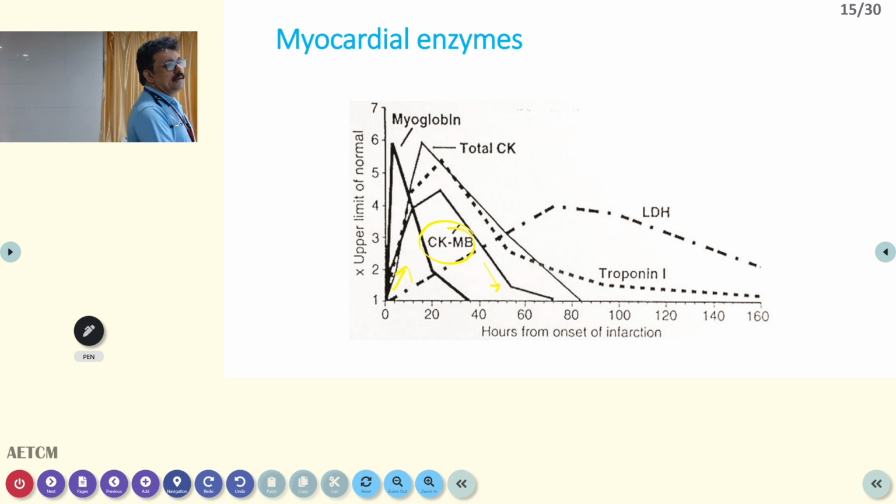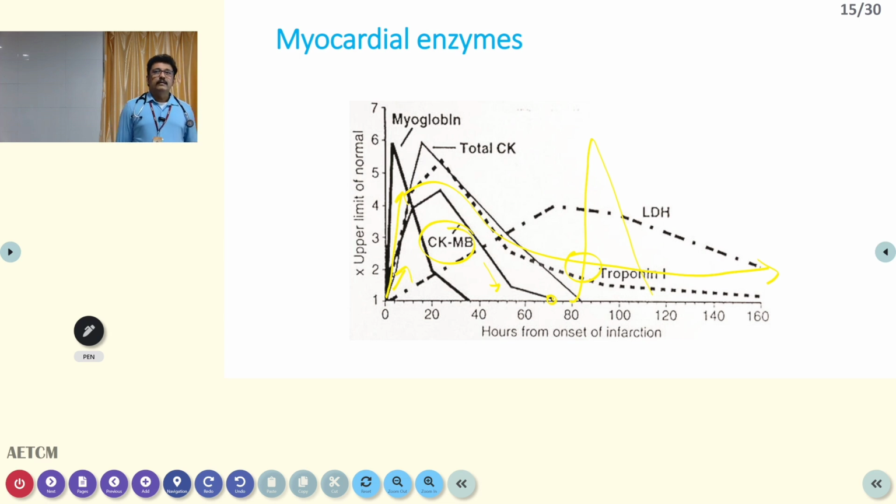But troponin I is as good as or even better than CKMB, but the problem is it remains high for a long period. So in a reinfarction, this may not be useful. In reinfarction, only CKMB is useful because it is ending here, and after 48 hours if the patient develops another MI, again it will go high. So that is the advantage of CKMB.